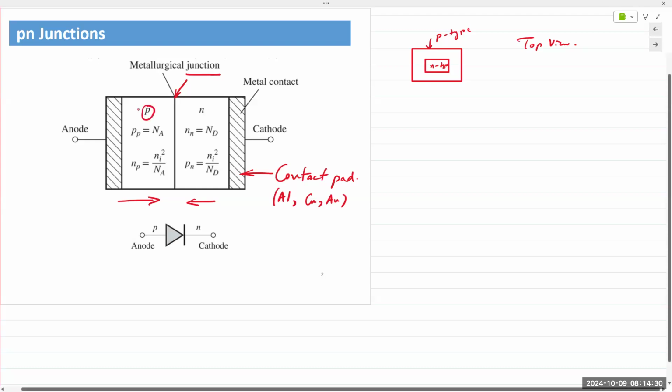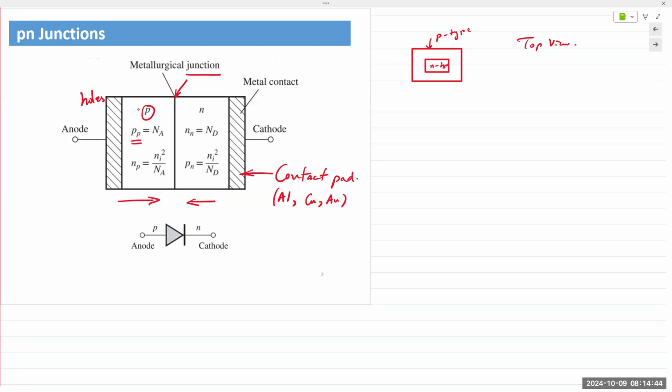In a p-type material, we have an excess of holes. And so here, the hole concentration is larger. It's from the externally implanted impurity dopant. The intrinsic material would be the background concentration.